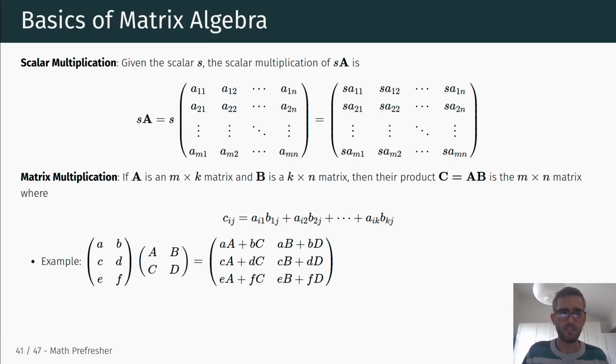So this is A times A plus B times C. If we look at the second column, first row, we go through the first row of the first matrix, so A and B are the two elements, and we go through the second column of the second matrix, so B and D are the elements, and then it's A times B plus B times D. Similarly, here we have C times A plus D times C, that is the second row, C and D, and the first column, A and C, and so on.